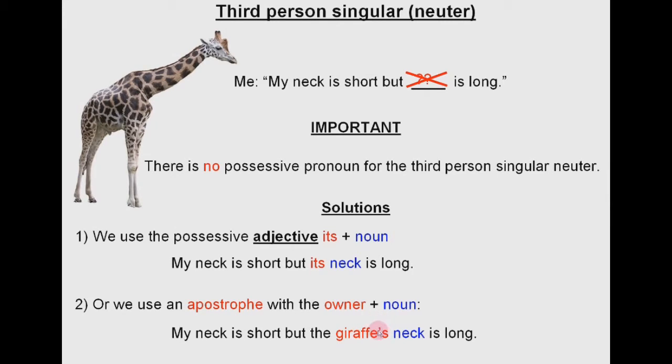So we write it with an apostrophe and an S to show possession, followed by the noun. This is what he owns. It is his neck, its neck. Again, there is repetition here. We are repeating the word neck, but there is no other solution.